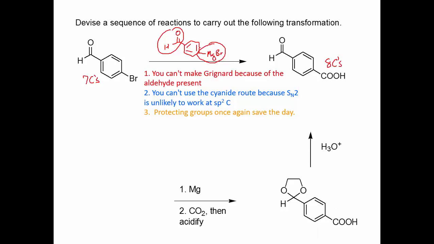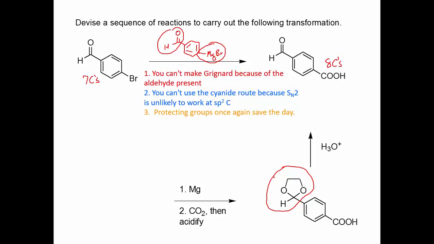So our final step in this is going to be hydrolysis of the acetal group right here to turn the acetal into a carbonyl group. Okay, so remember that we can make Grignards in the same molecule as an acetal, because an acetal is an ether, and ethers do not react with Grignard reagents.